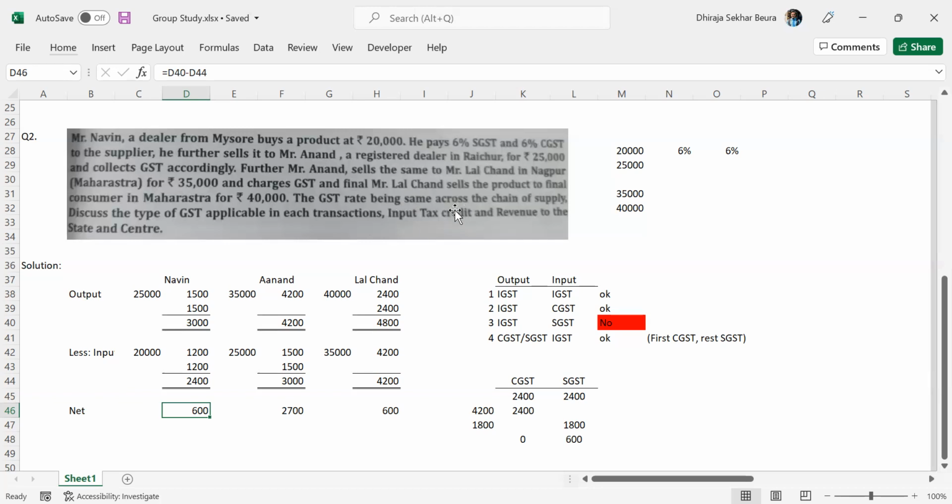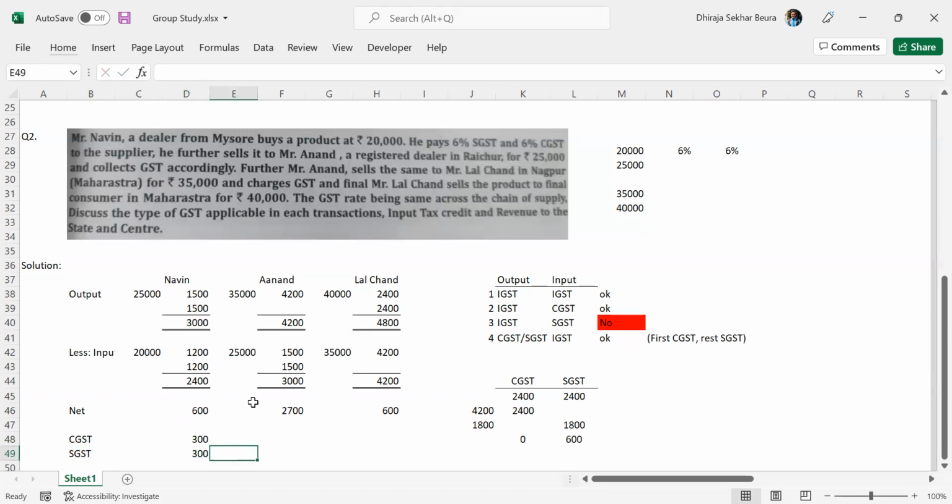Keeping that aside for a bit, let me stop here and say that this 600 is what? Final GST liability of Mr. Naveen. And as we had discussed, this is nothing but CGST 300 and SGST 300.